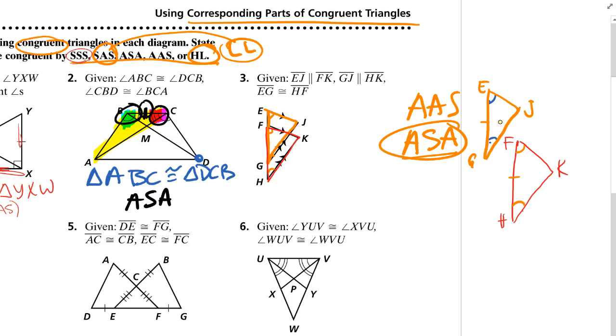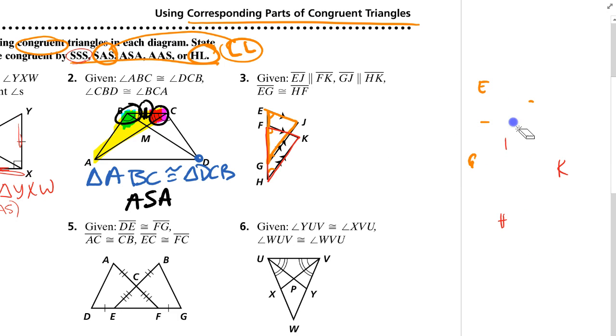Well, here's the deal. Since we know that we have these two sets of angles that are congruent, then I can actually use the angle addition postulate and segment addition postulate to say that this length would be congruent to this length on here.